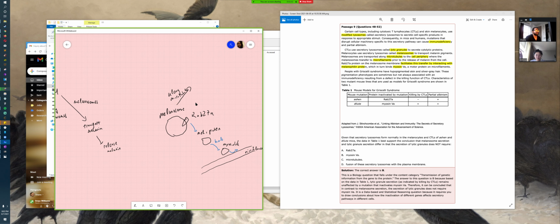I just kind of imagine the melanosome traveling along the microtubule, pretty much. Yeah, that's kind of roughly how I pictured it.